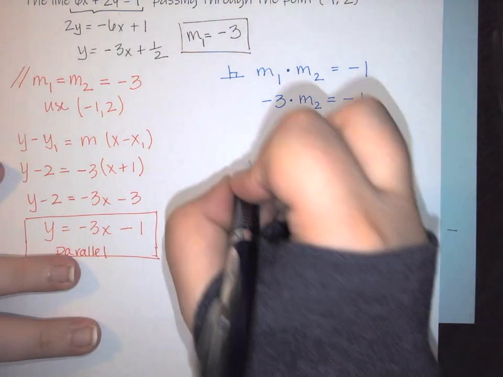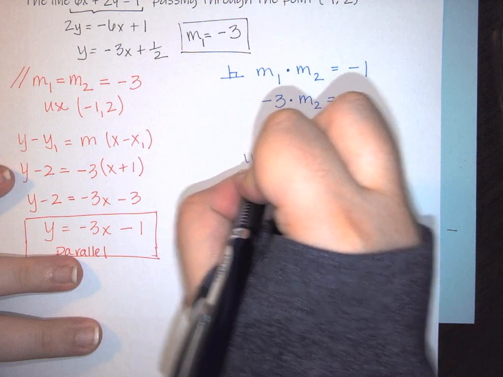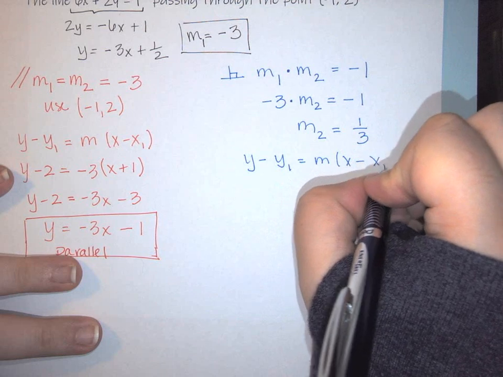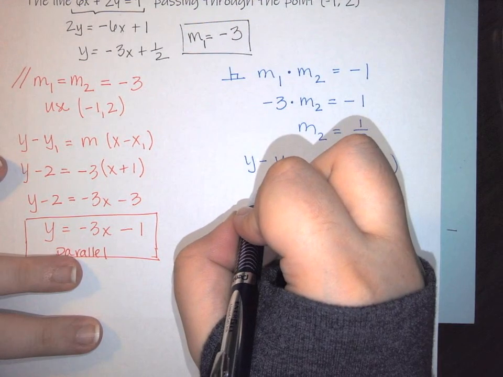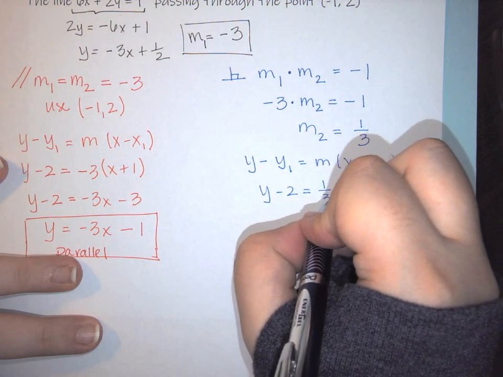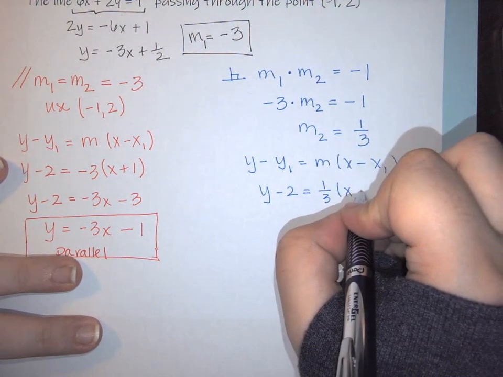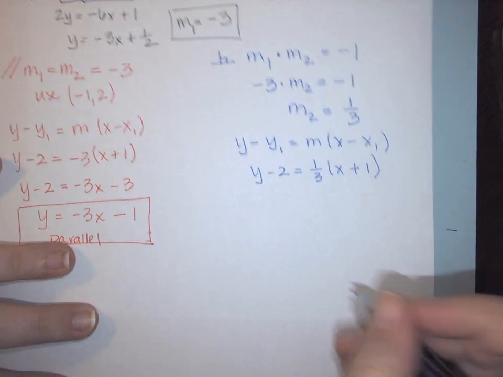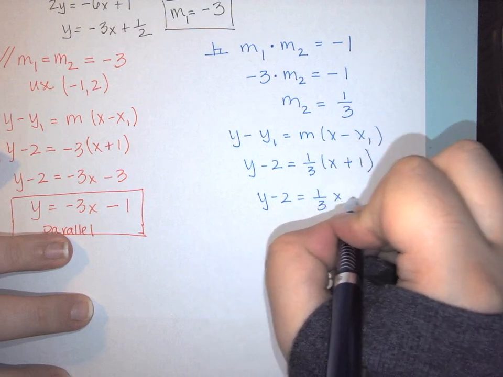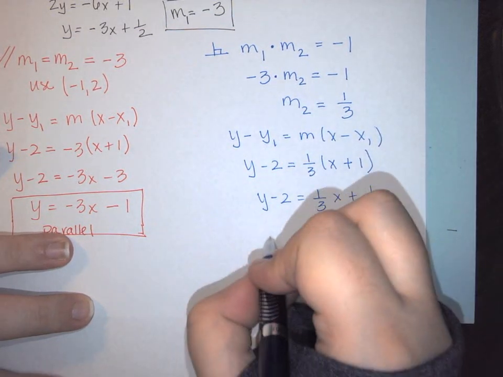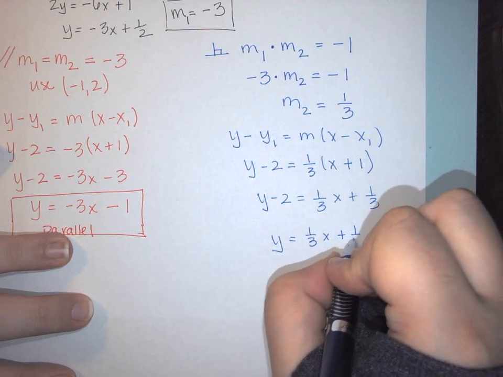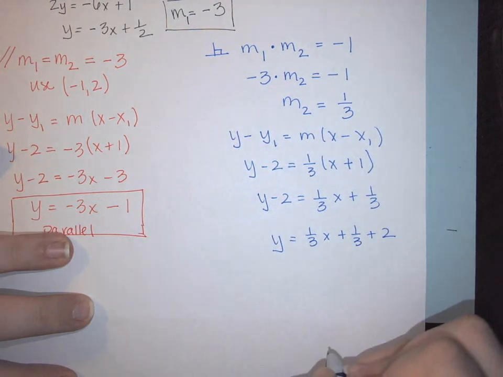So now we're going to do the same thing. We're going to do y minus y1 equals m times x minus x1. So here we've again got y minus 2 equals, we're going to use the reciprocal slope, so 1/3 times x plus 1. So y minus 2 equals 1/3 x plus 1/3. So y is equal to 1/3 x plus 1/3 plus 2.